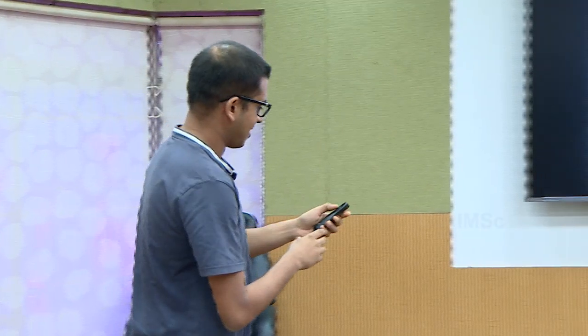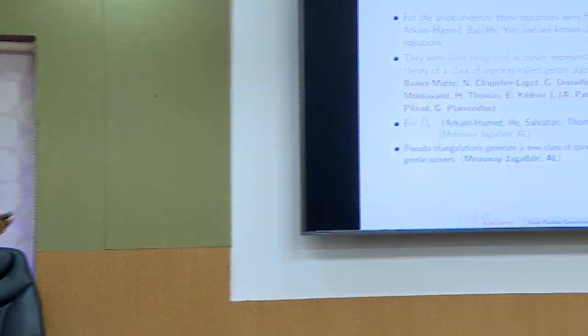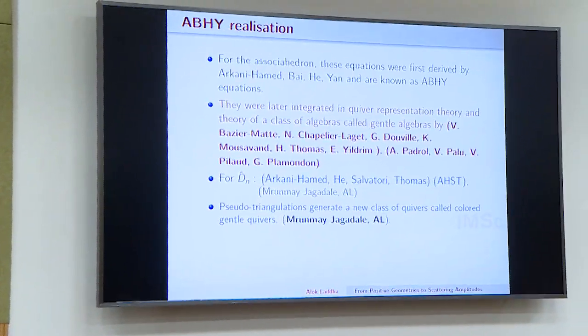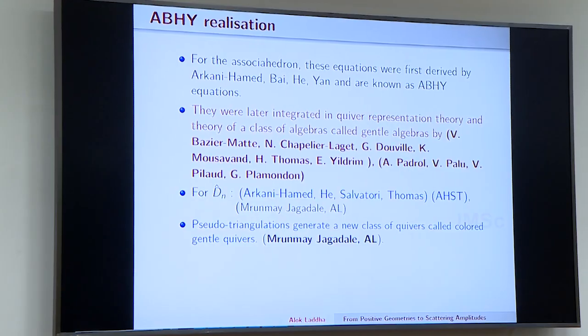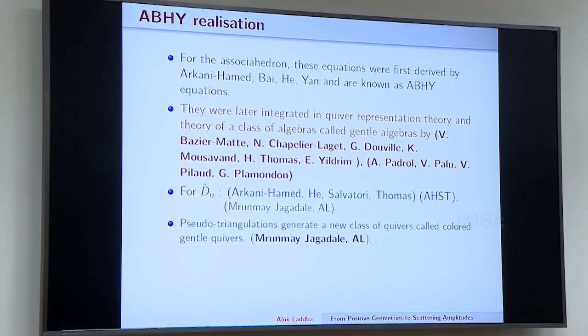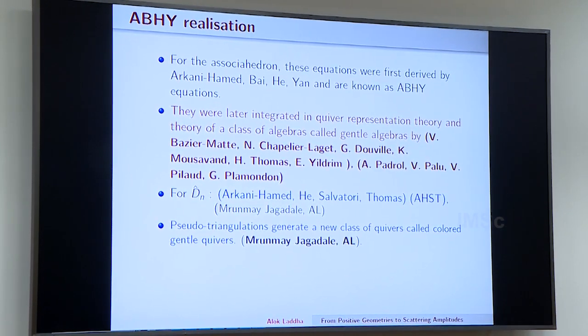The associahedra, the way they were drawn, because these equations were first discovered by four physicists, Arkani-Hamed, Bai, He and Yan, are called the ABHY realization. Similarly, the D-hat realizations were first discovered, without rigorous arguments, by Arkani-Hamed, Salvatori, Thomas and others, so we will call them the AHST realization.